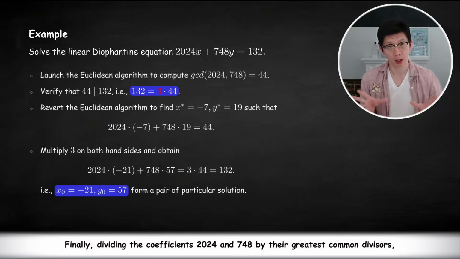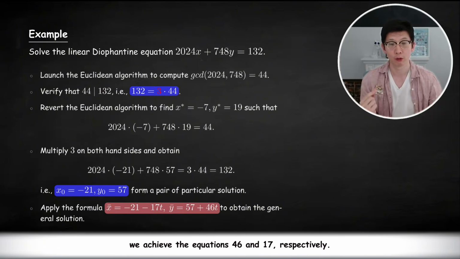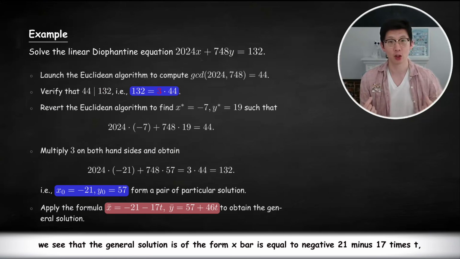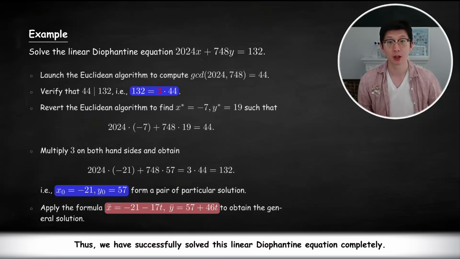Finally, dividing the coefficients 2024 and 748 by their greatest common divisors, we achieve the quotients 46 and 17 respectively. Plugging them back into the formula of our previous proposition, we see that the general solution is of the form x bar is equal to -21 minus 17 times t, y bar is equal to 57 plus 46 times t. Thus, we have successfully solved this linear Diophantine equation completely.